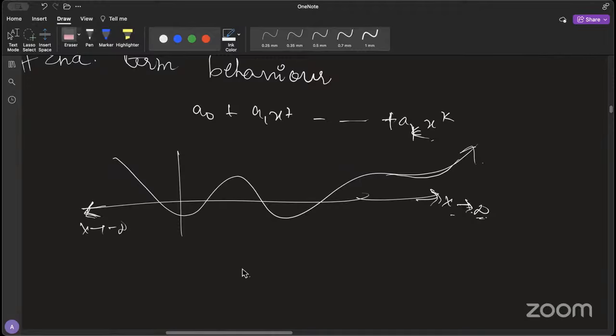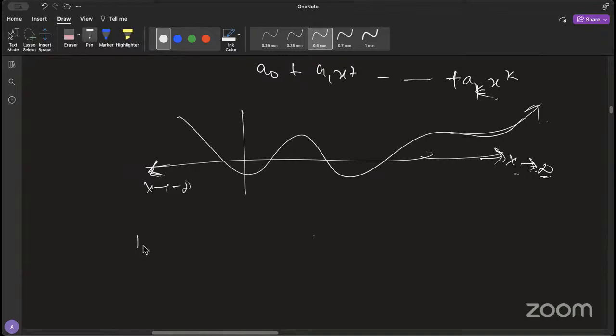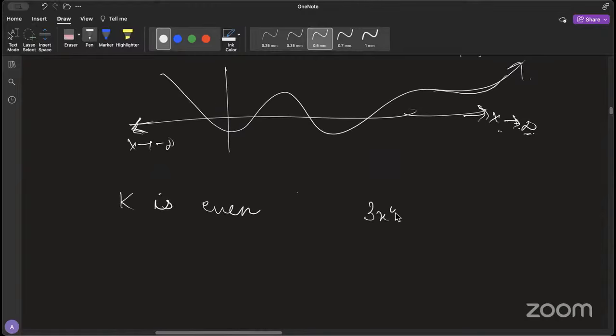let's discuss it for odd and even ones first. If your k is odd, let's say, or let's start with even first. If your k is even, let's take an example to simplify things. Let's say you have 3x to the power 4 plus x cubed plus 2.